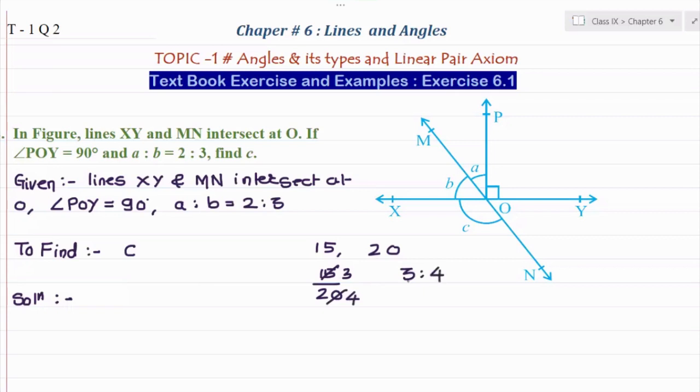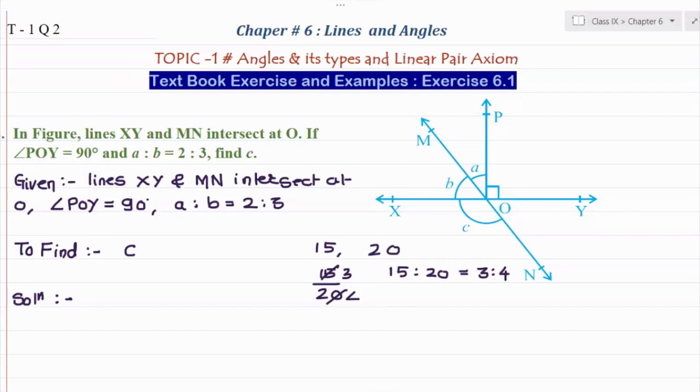If I want to write this in the form of a proper ratio, 15 ratio 20 is equal to 3 ratio 4. The same thing is given here as a ratio b is equal to 2 ratio 3.